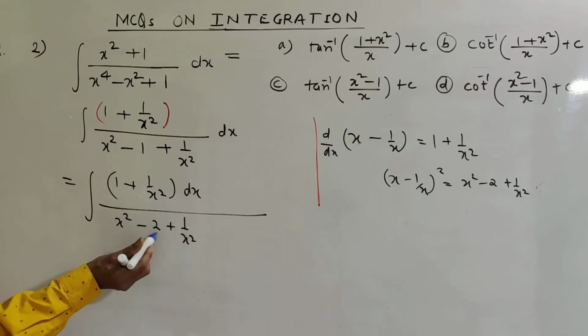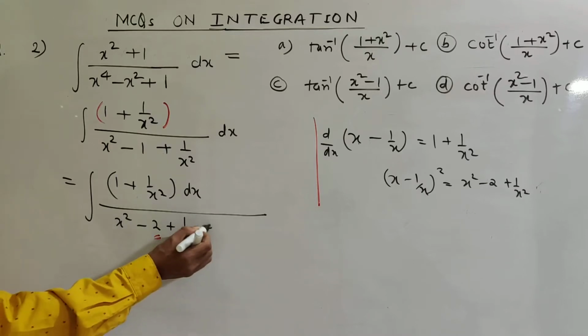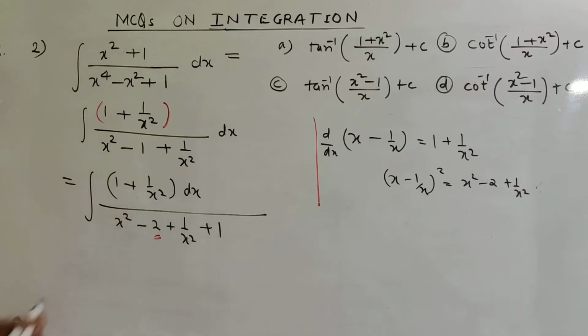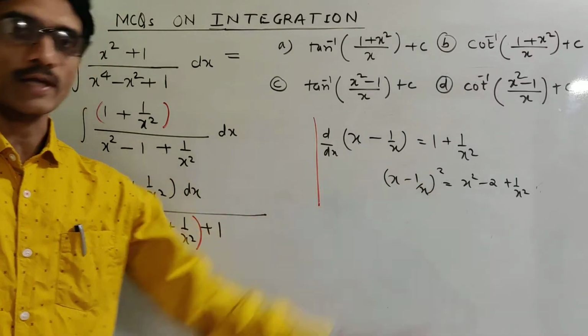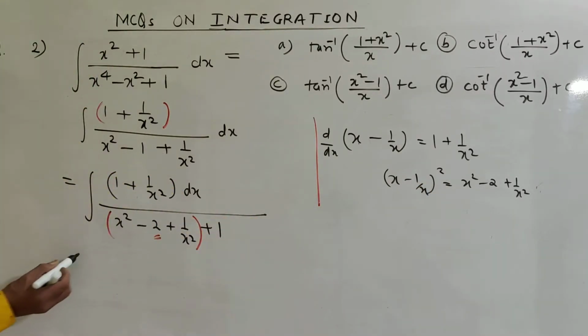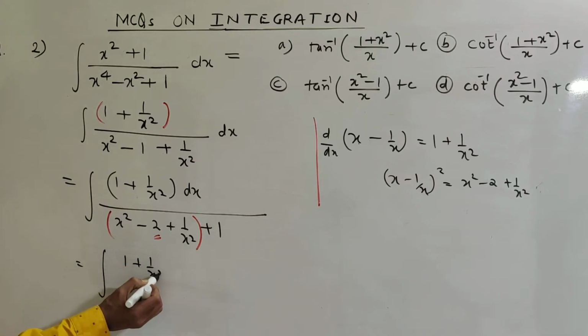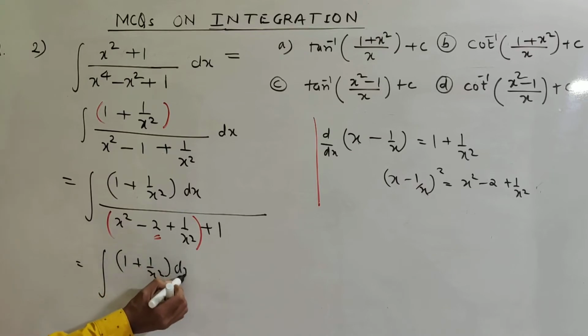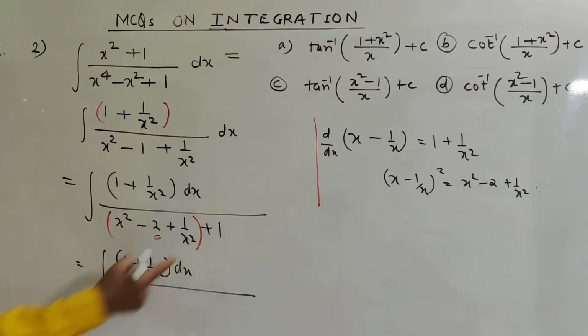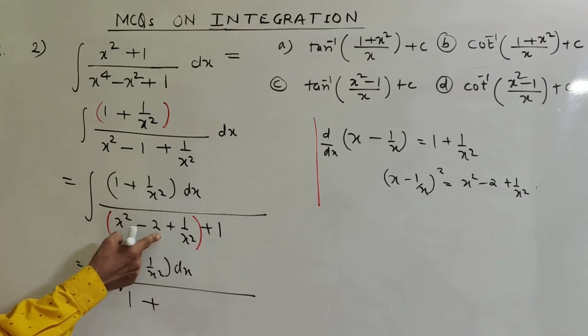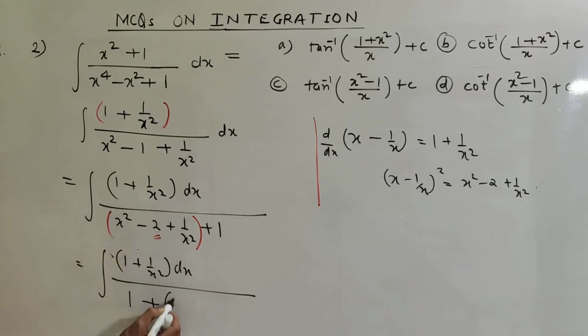Now as we subtract 1 over here, we add 1, then this bracket is nothing but the square of x minus 1 upon x. So it is the integral of (1 plus 1 upon x square) dx upon x square minus 2 plus 1 upon x square, which is the square of x minus 1 upon x, whole square.